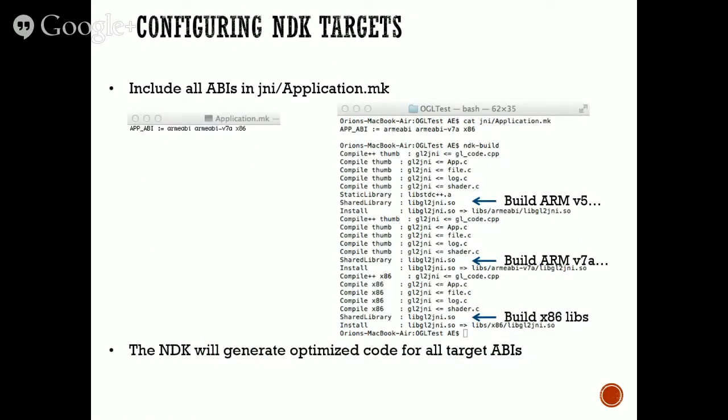Next comes configuring the NDK targets. There are many processor architectures which support the NDK as of now. One is the ARM. ARM supports two versions, the general ARM and then ARMv7. Then you have x86 libraries and also you have the MIPS platform.